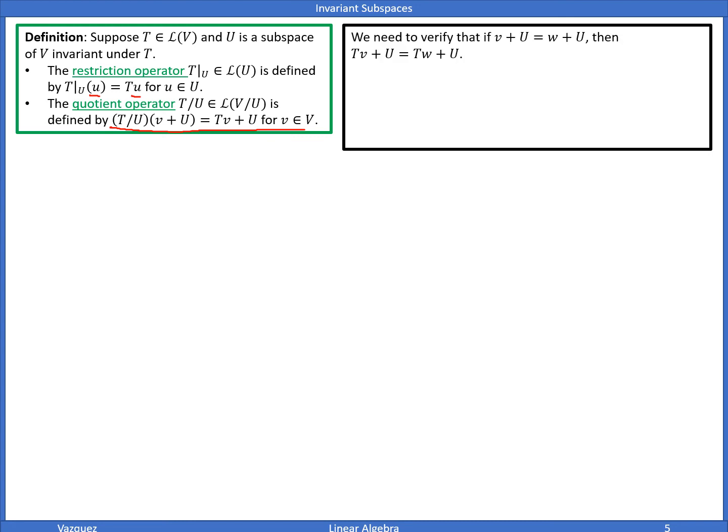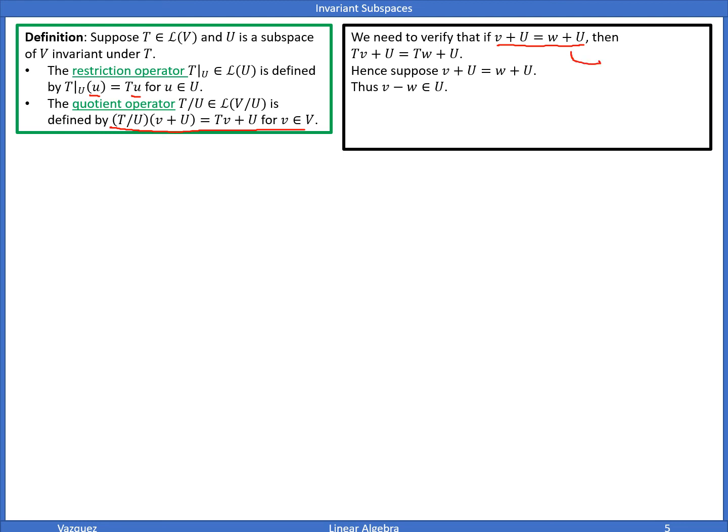So to verify that, if v plus u is equal to w plus u, well then we know by a previous theorem, which we went over not too long ago, that this is equivalent to v minus w is in u. So if v plus u is equal to w plus u, then v minus w is in u.